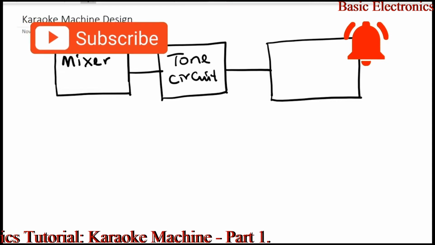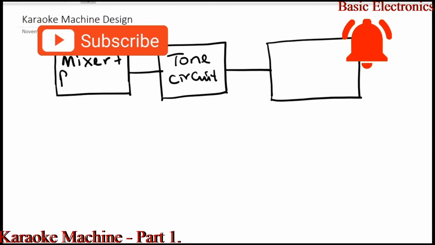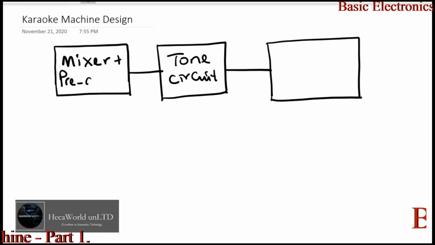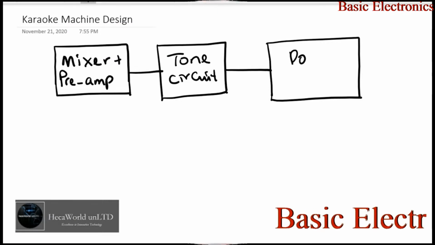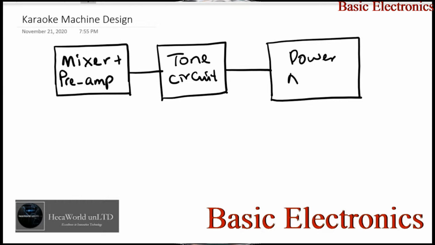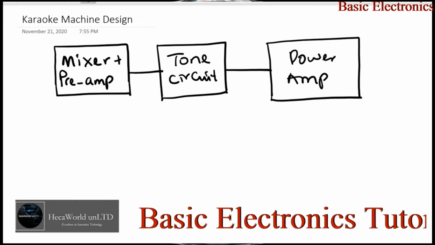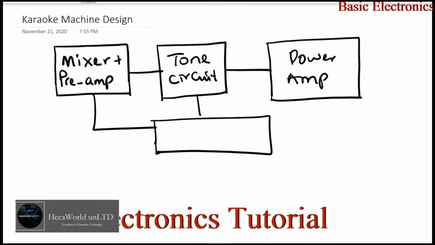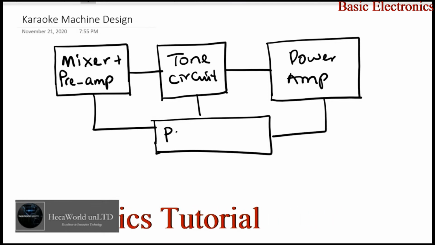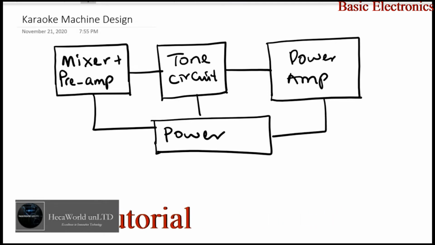This mixer is actually going to have a preamplifier, let's say preamp, and then the power amplifier, because they're going to be linked by a power supply. And after, we're going to have a packaging for this.